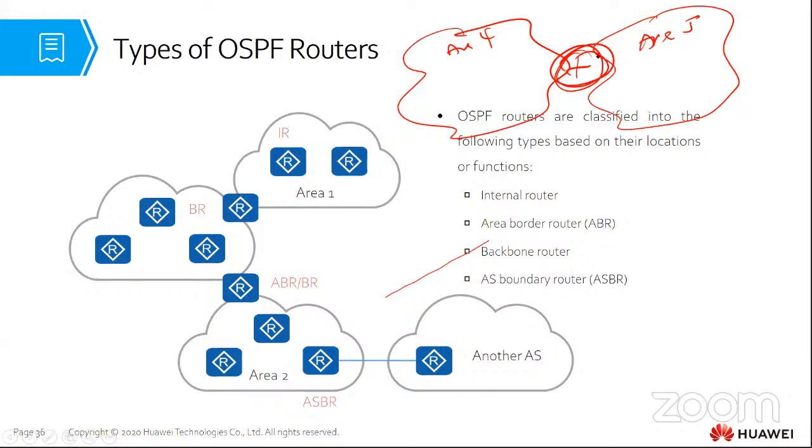Now someone is saying autonomous system boundary router. No, that's out of context. Now I want you to listen to me very carefully. You said any non-zero area must touch area 0.